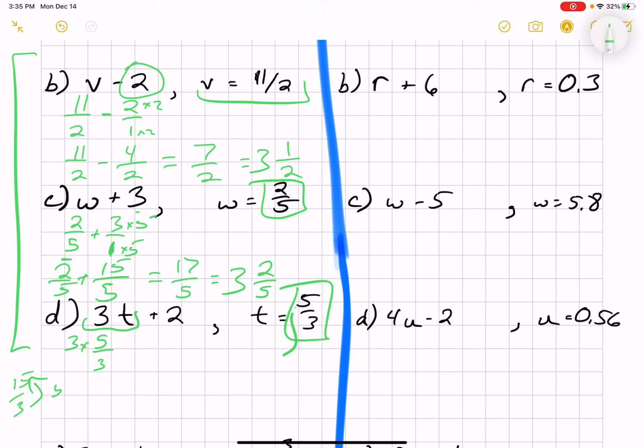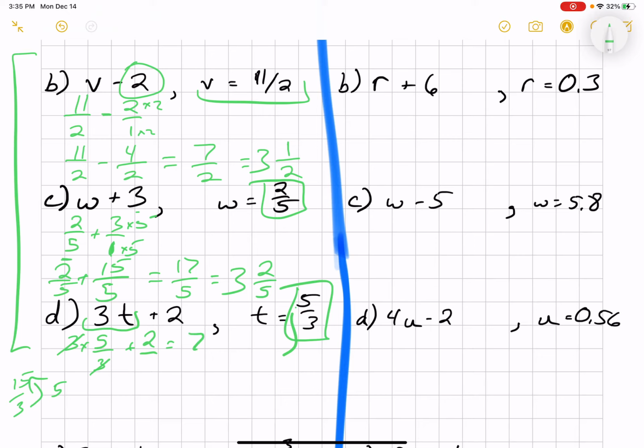Which is going to end up being 5. So what we can do here is we can cancel these out. If that doesn't make sense to you, then go ahead and work it all the way through. Okay, and this is plus 2. So I now have 5 plus 2, and that's going to be equal to 7.